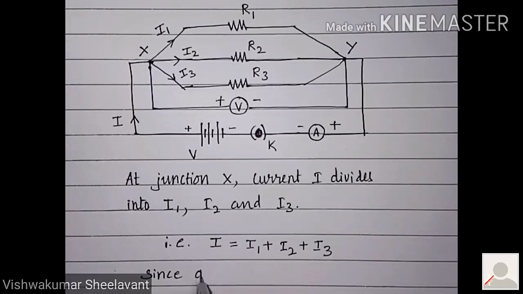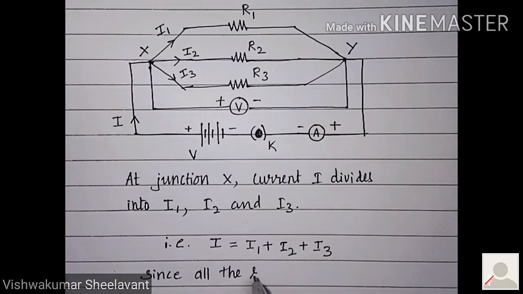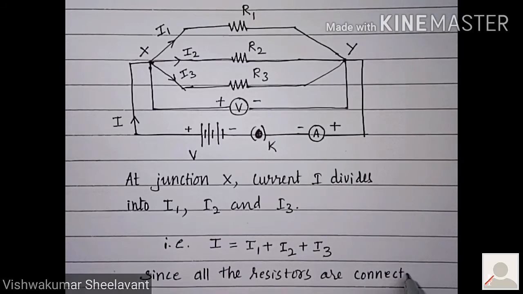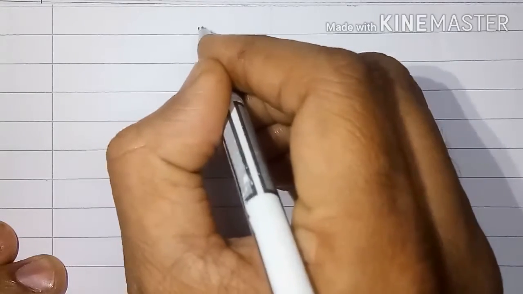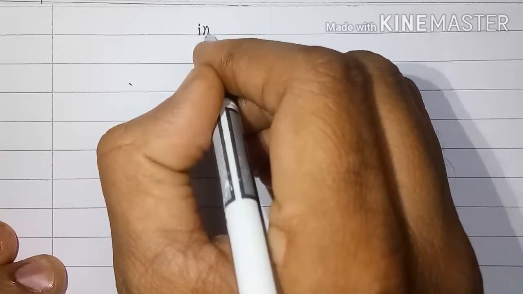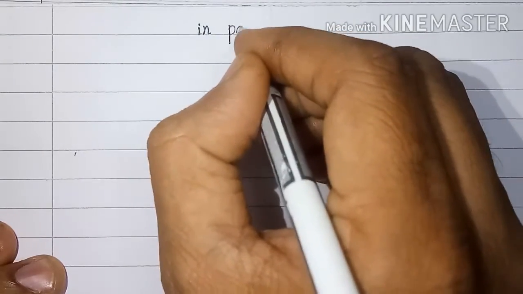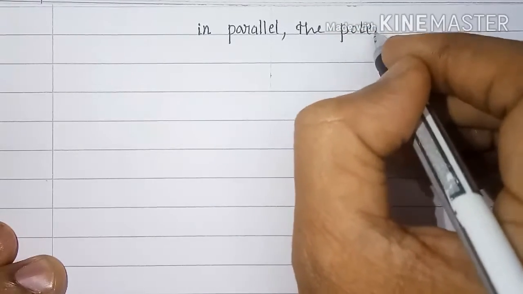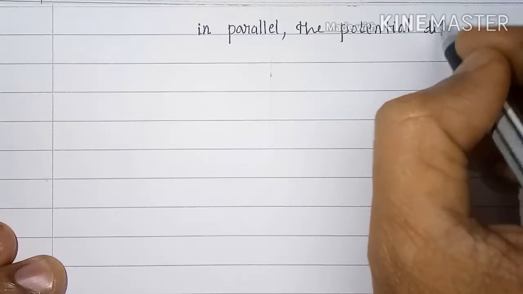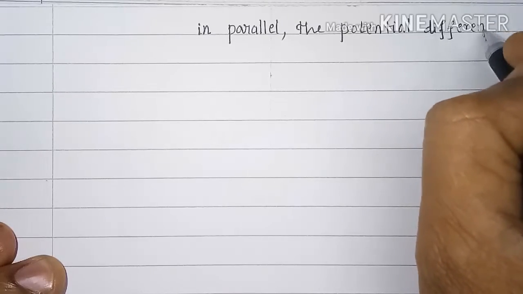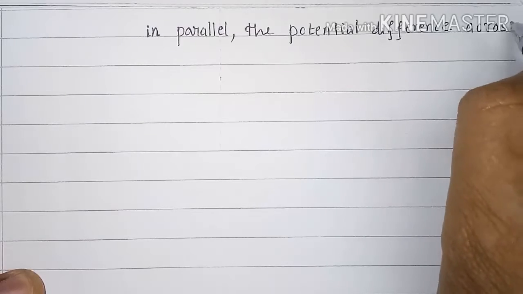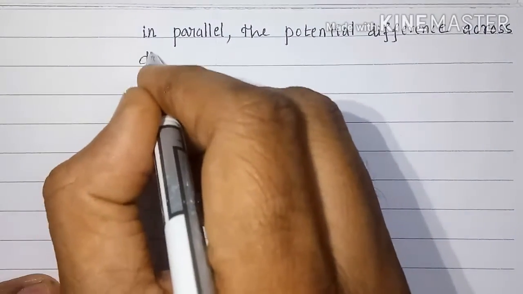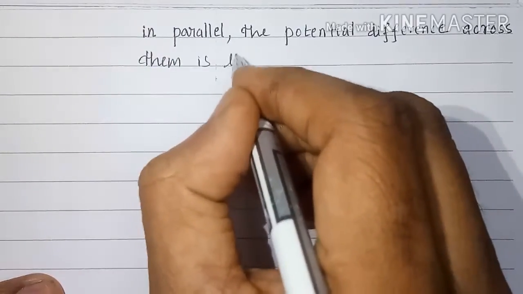Since all the resistors are connected in parallel, the potential difference across them is the same.